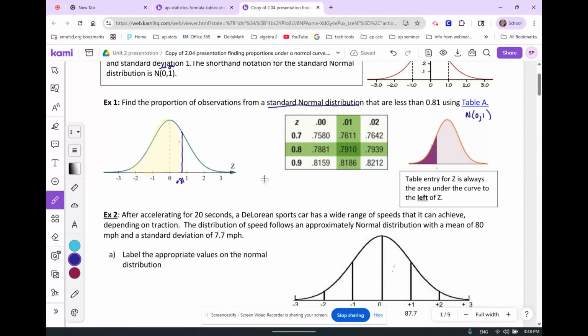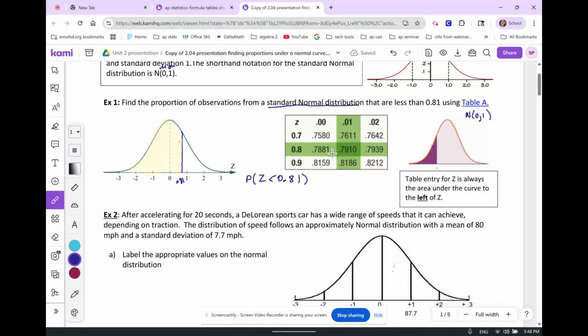So I'm trying to find the probability. It's not an x value anymore. It's a z value, a z-score, because it's a standard normal curve. So we want the probability that z is less than 0.81. What you're going to do is find where 0.8 is, and that is only to the nearest tenth.